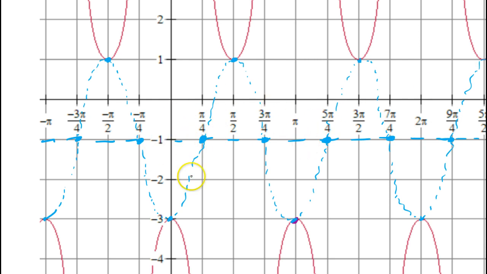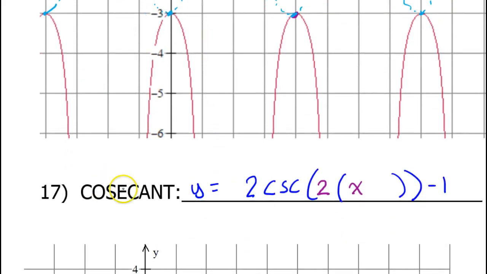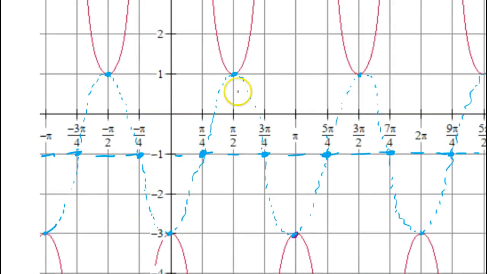Now you need to pick one period of this sine function. Remember, cosecant is the reciprocal of the sine function. So I'm looking for one period of a sine function.